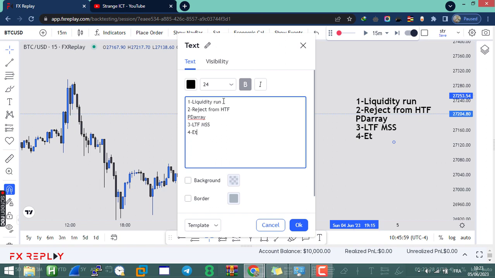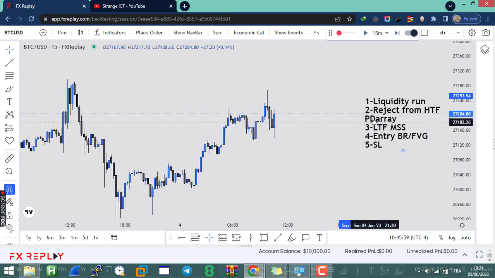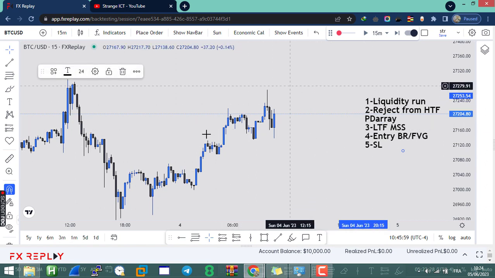So the entry is going to be either a breaker or a fair value gap. And the last thing, but not the least important, is the stop loss. The stop loss must be below that swing that broke structure. All right. So having this strategy on the side, let's apply it on this fraction of price action.